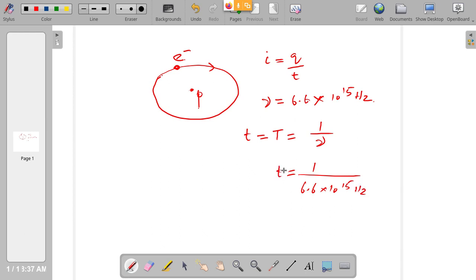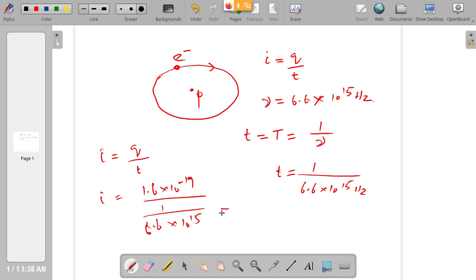So current is therefore the charge, that is the electron charge Q, divided by this T, that is 1.6 into 10 power minus 19, the charge of the electron, divided by 1 by 6.6 into 10 power 15.